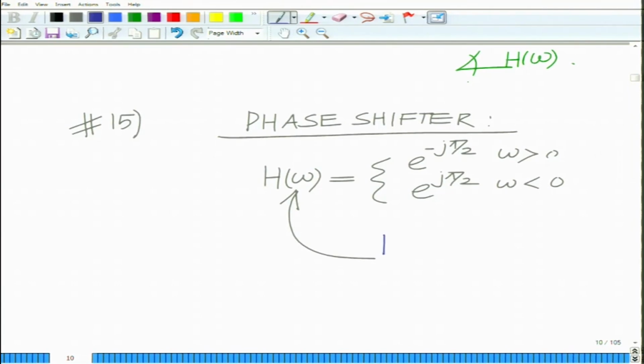This has a lot of applications in communication. This is used to generate a type of amplitude modulation known as single sideband modulation. Instead of transmitting both the sidebands, one can transmit only a single sideband. So, this is a very important system which is practically relevant. All right.